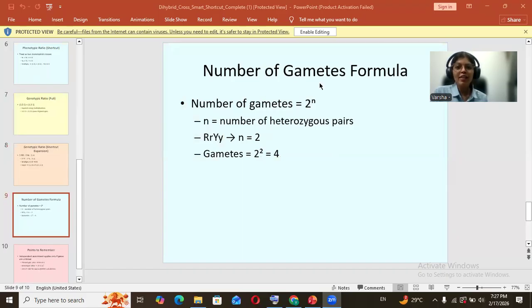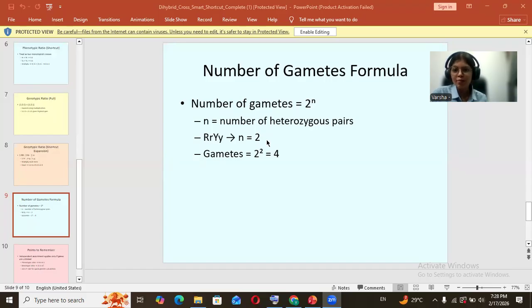The number of gametes formula is also very important and will save time. You do not need to use your foil or fork method to understand the number of gametes in every cross. All you have to do is take the number of heterozygous pairs, a heterozygous pair having two different alleles for one single character.